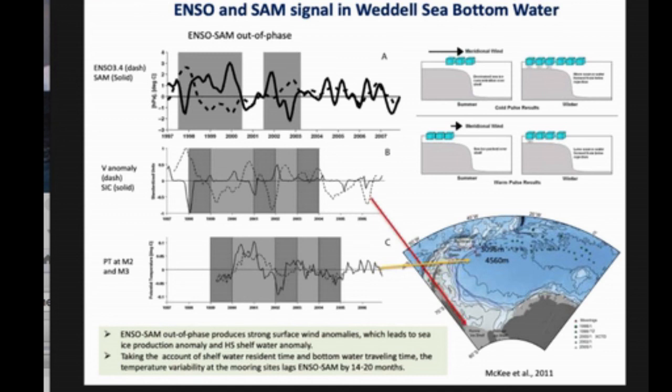So we trace to the surface, and what we have here is the CS (sea ice) at the surface in this area on the coast. The solid line is the CS. We see in the CS a larger anomaly, many months earlier than the warm pulse.